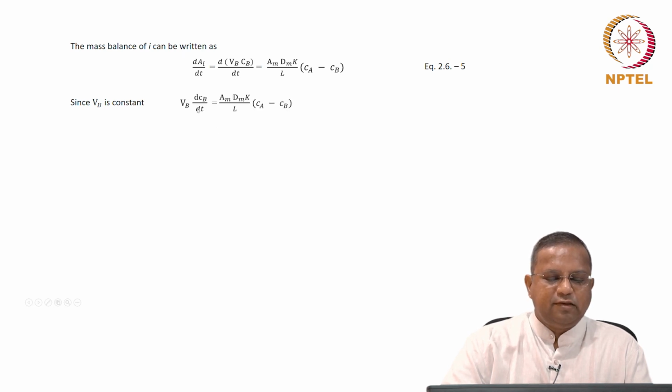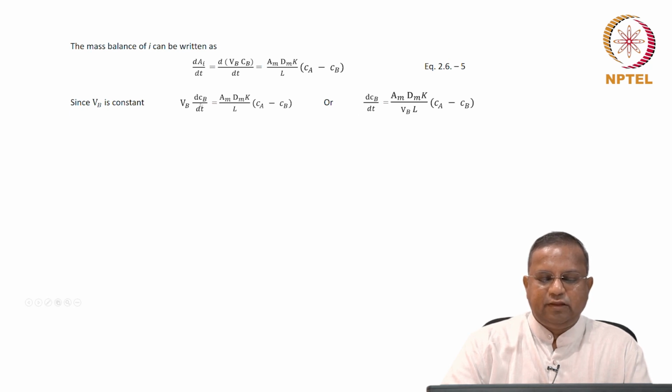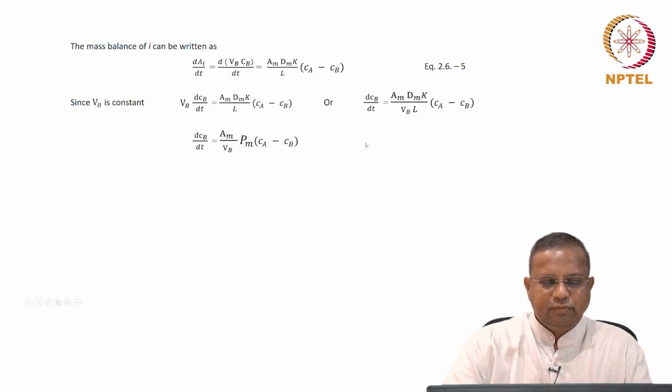So, you could write this as V_b dC_b/dt equals A_m D_m K by L times (C_a minus C_b). Dividing both sides by V_b, dC_b/dt equals A_m D_m K by V_b L times (C_a minus C_b).